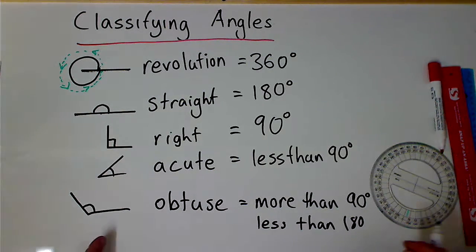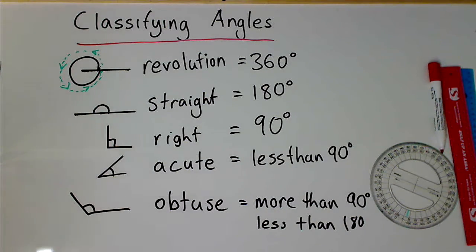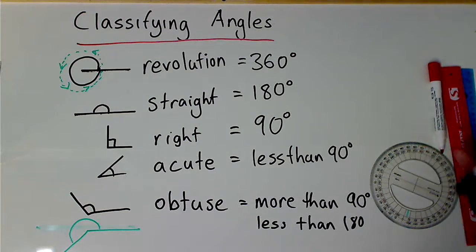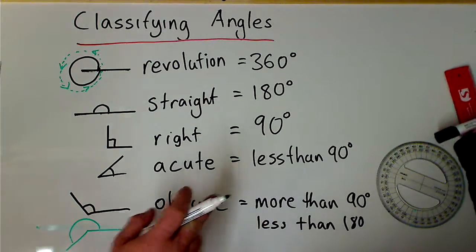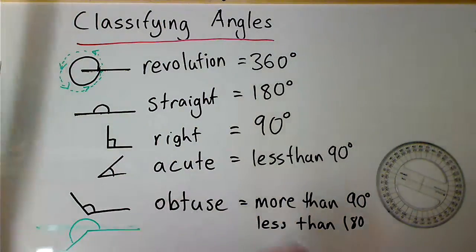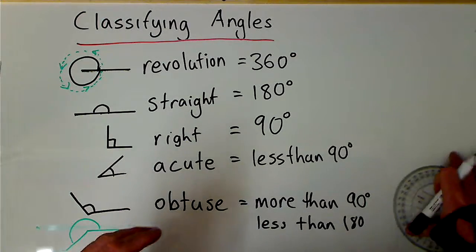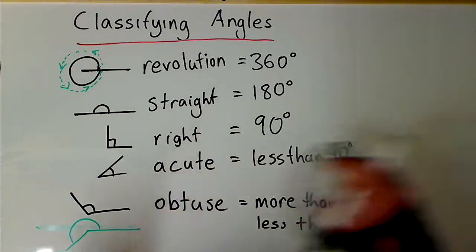Well, the last one we're going to cover. If this goes any bigger, it would be straight. But what happens if it goes bigger than that? What happens if the angle goes around to there? Well, we call that one greater than 180.